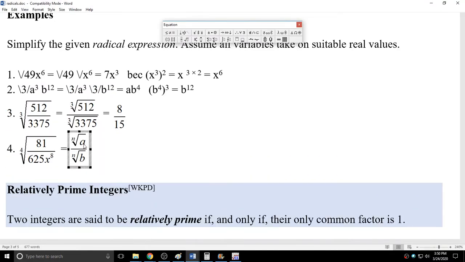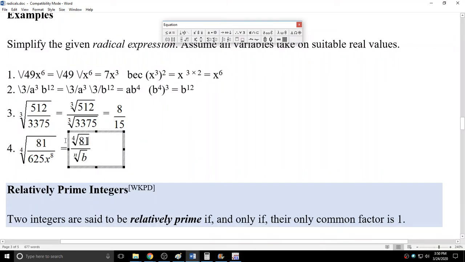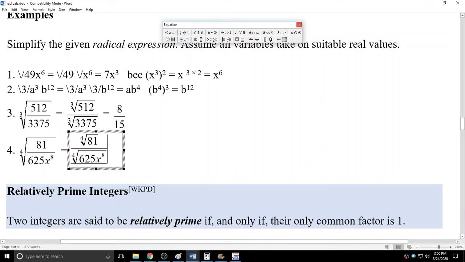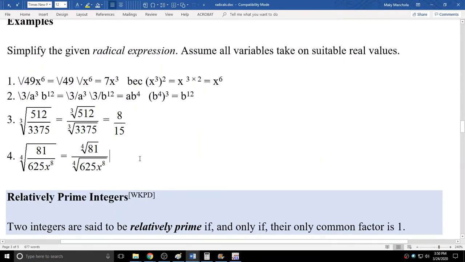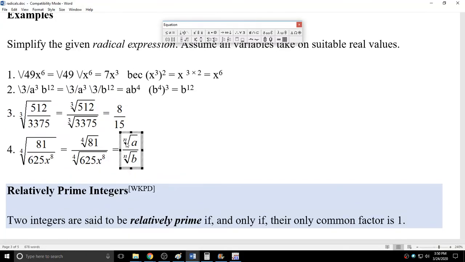So here I have the fourth root of 81 over the fourth root of 625x to the 8th. On the numerator, you can see that the fourth root of 81 is simply 3, because 3 to the fourth is 81.